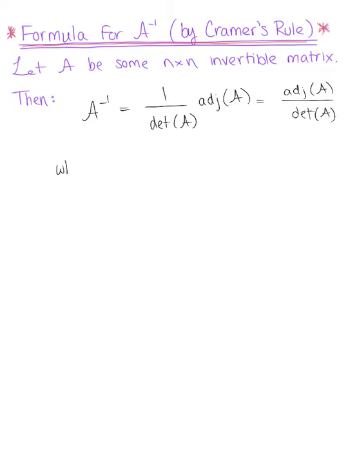And this is where ADJ of A is called the adjugate matrix.